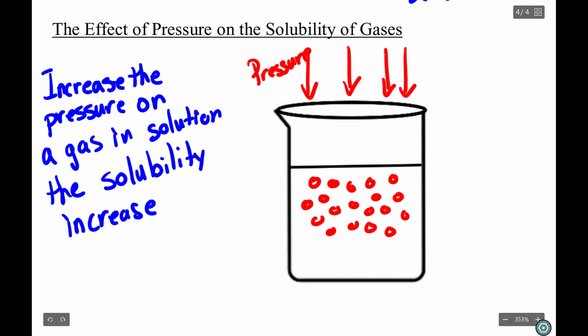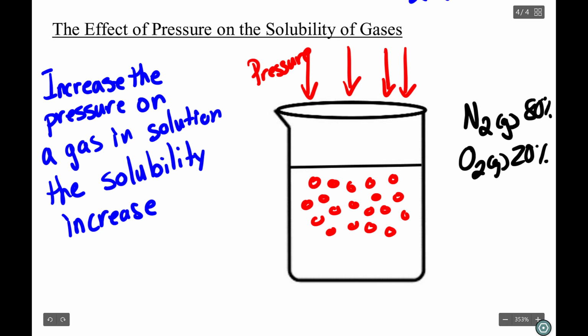Now, when we breathe underwater, we're taking in nitrogen gas at about 80%, and you're taking in oxygen gas at about 20% if you're using compressed gas. Now, nitrogen is an inert gas and it dissolves in our blood just like oxygen gas dissolves in our blood. But under high pressure, we can dissolve much more nitrogen and much more oxygen into our bloodstream.